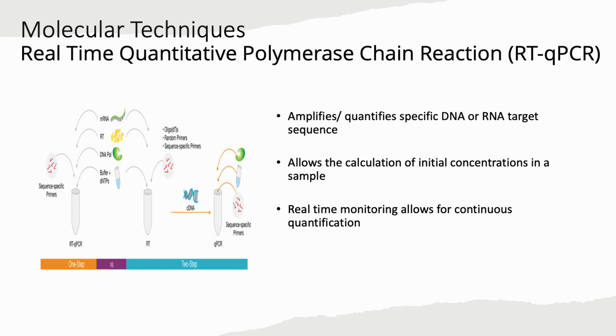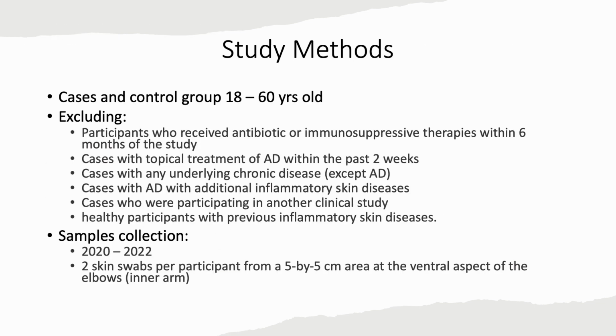On the image, you can see the one-step procedure, which is the RT-qPCR, and it also shows the two-step sequence, which is just regular PCR. So the RT-qPCR is faster and more efficient because it's just one step.